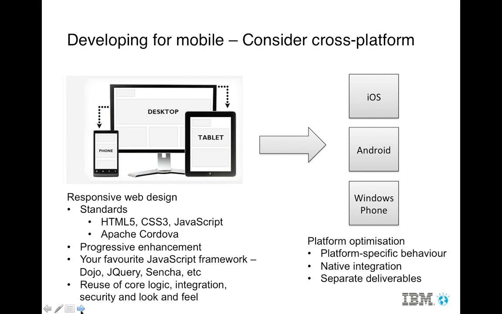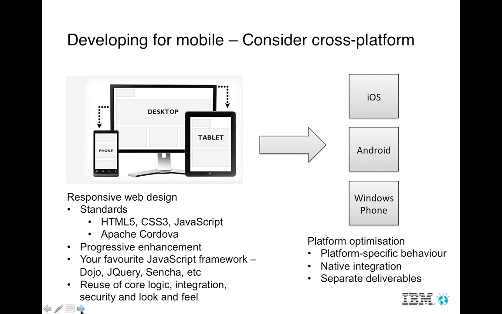And then as soon as you write your application in HTML5, JavaScript, you've got the ability to reuse core logic, integration, security, and even some of the look and feel as well. So very, very compelling to be able to write an application fundamentally once. But we do work in a world which is fragmented. It's fragmented in terms of technology, but in terms of user experience as well.